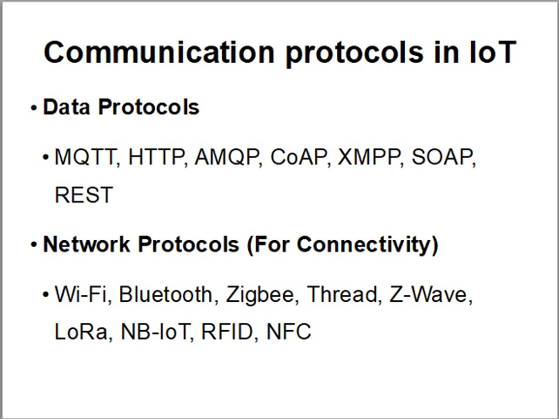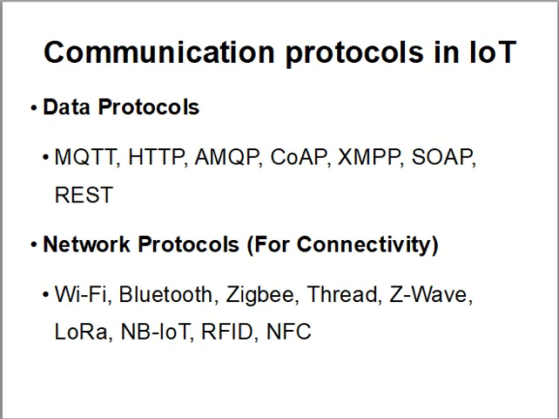Whatever the sensor data that is captured is communicated to the server, or to the gateway using the MQTT. Okay, so and then other than that, HTTP, AMQP, CoAP, XMPP, SOAP, REST are some of the other data protocols. We will talk about these particular data protocols in the other videos.